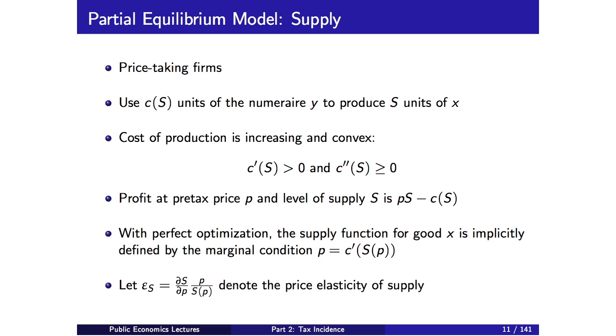It's going to supply up to the point where the marginal cost of production equals the price. And we know that that's going to define an upward sloping supply curve, right? Given the assumption that marginal costs are increasing. And let's analogously let epsilon S denote the price elasticity of supply. So that's the very simple setup.